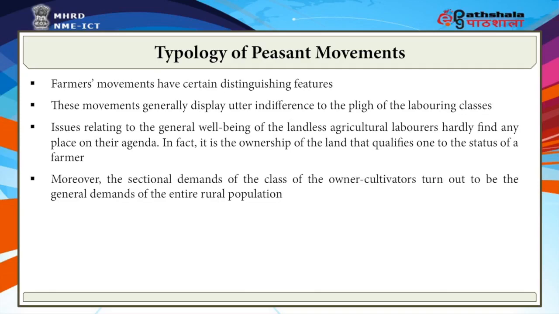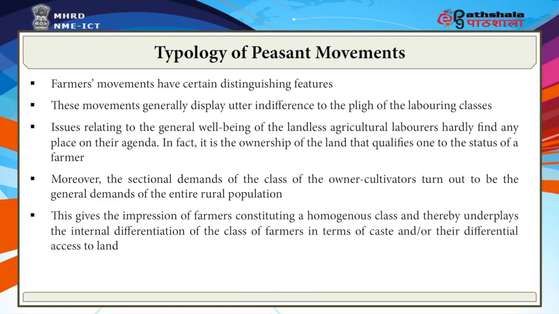Moreover, the sectional demands of the class of owner cultivators turn out to be the general demands of the entire rural population. This gives the impression of farmers constituting a homogeneous class and thereby underplays the internal differentiation of the class of farmers in terms of caste and the differential access to land.